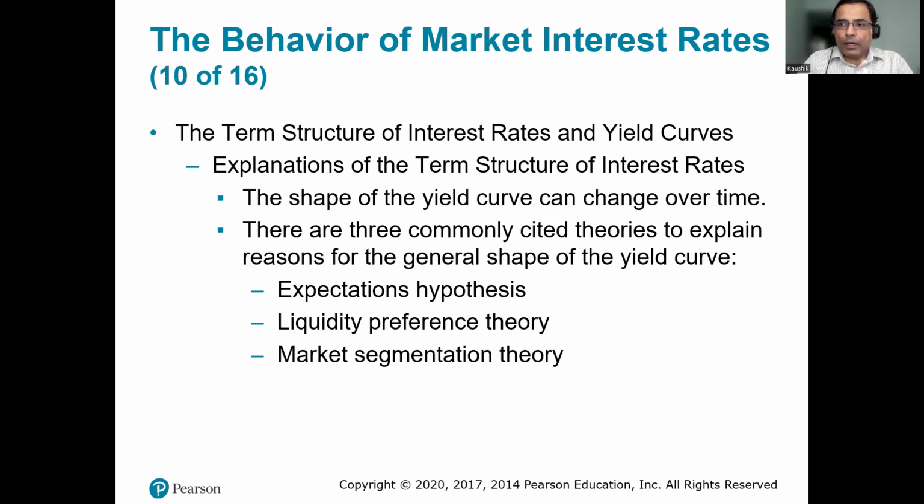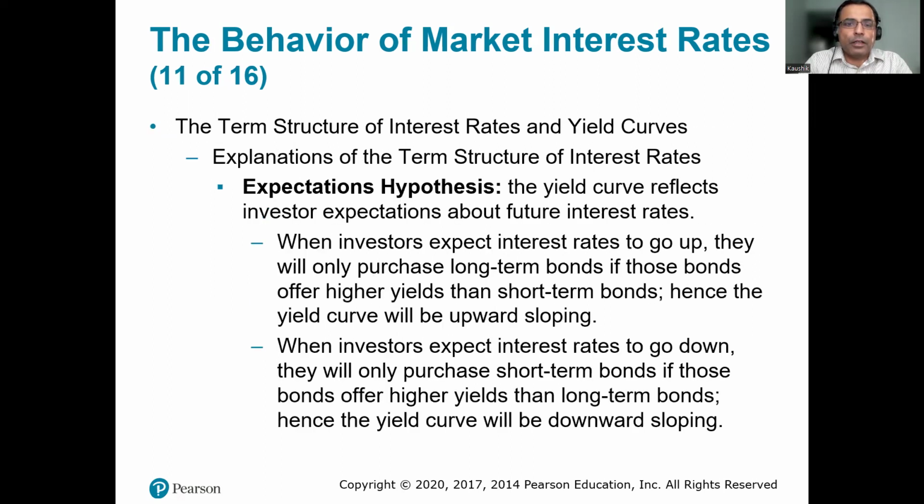So what are the underlying reasons for the shape of the yield curve? We have three commonly used theories: the expectation hypothesis, liquidity preference theory, and market segmentation theory. The expectation hypothesis says that the yield curve reflects investors' expectation about future interest rates.